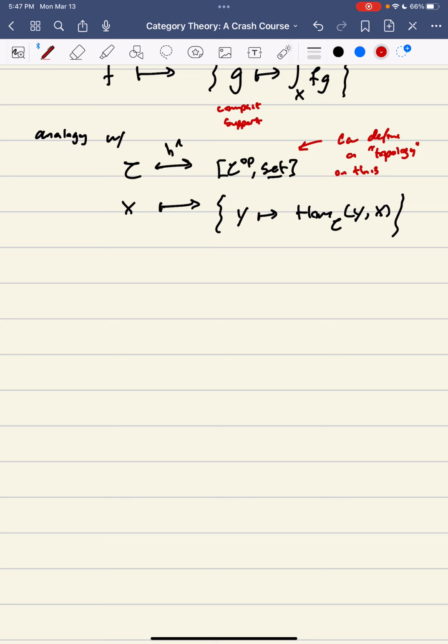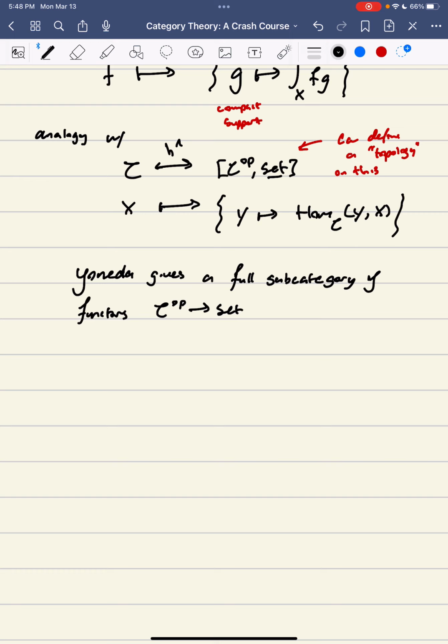So what this Yoneda embedding does is identify a full subcategory. Yoneda gives a full subcategory of functors isomorphic to h to the x for some x.